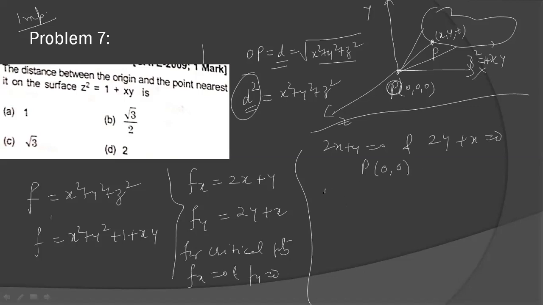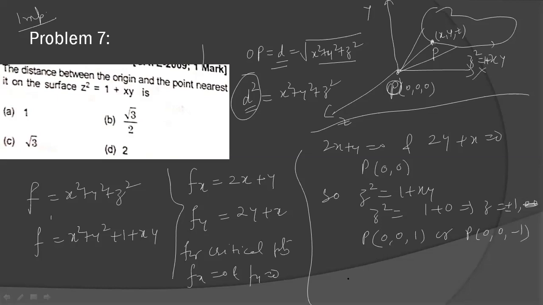What will z be? z square equals 1 plus xy, and this point satisfies the surface. So z square is 1 plus 0, which means z equals 1 or minus 1. So the point P can be 0, 0, 1 or 0, 0, minus 1.